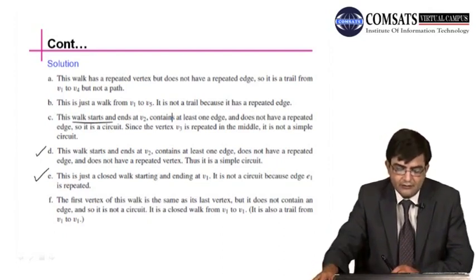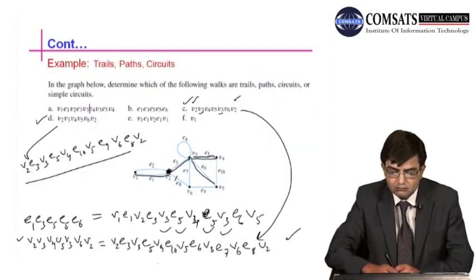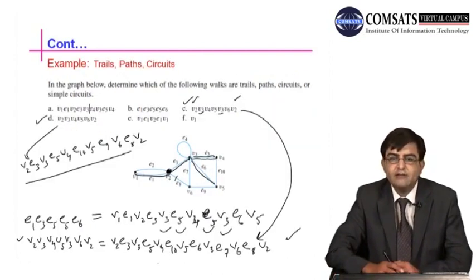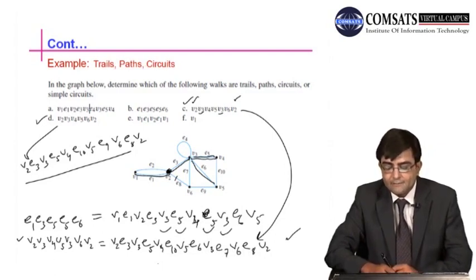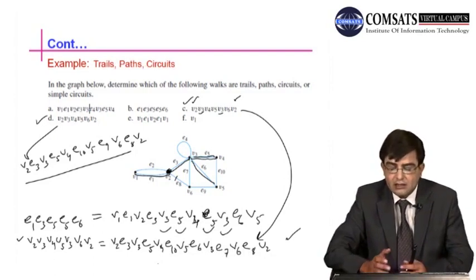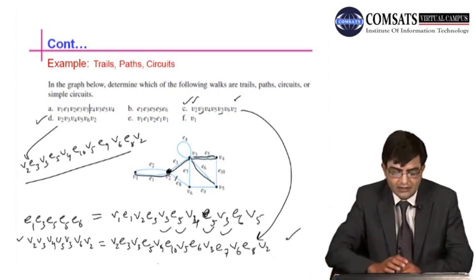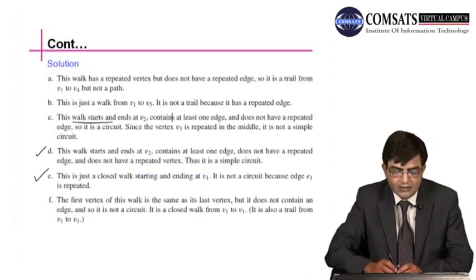In the last part we have V1. V1 is a trivial walk, as we have discussed in the definition of walk, that a walk from a vertex to itself is a trivial walk. So in the last part, the first vertex of this walk is the same as its last vertex, but it doesn't contain an edge, and so it is not a circuit.